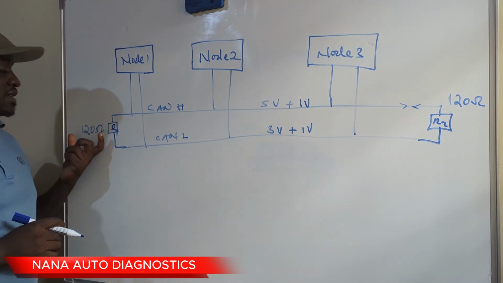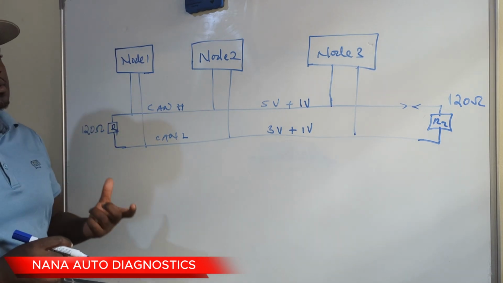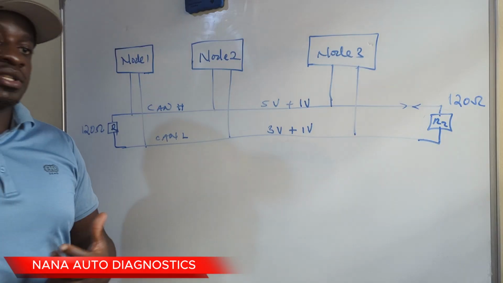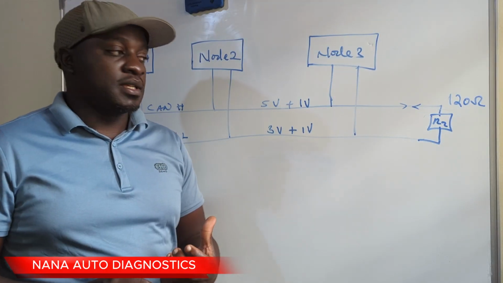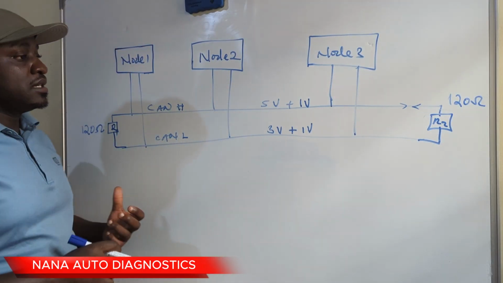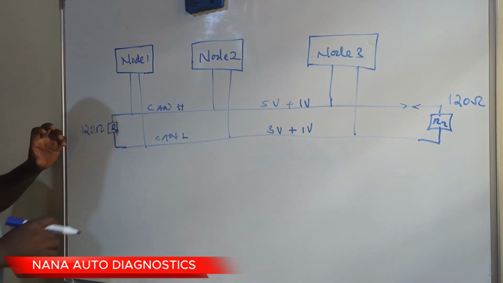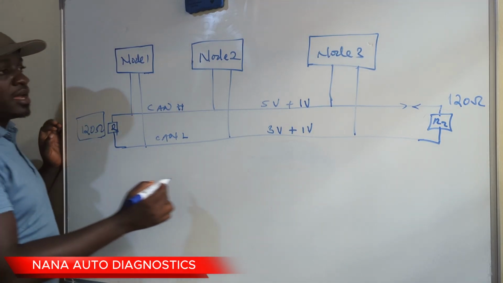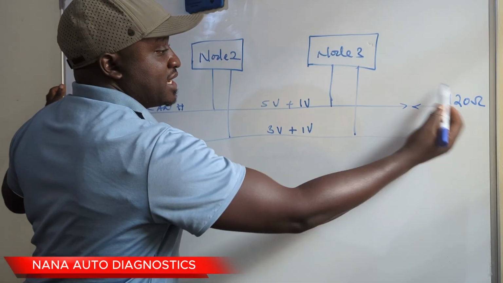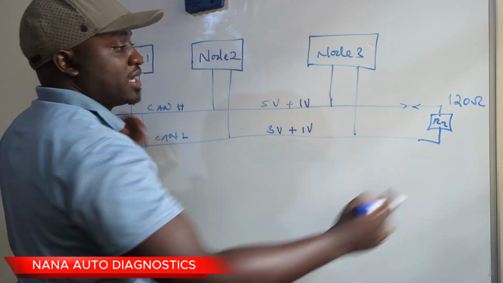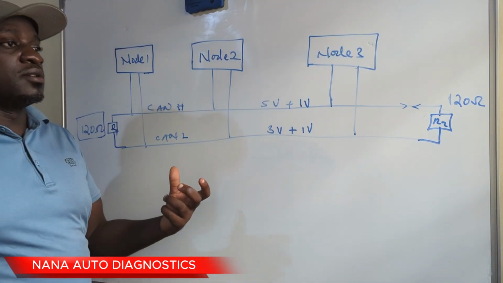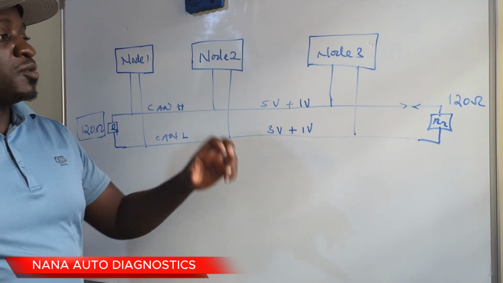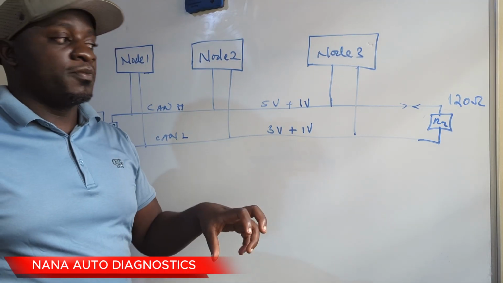These resistors are very important when it comes to diagnosis of any CAN bus. And they are usually located within modules. You may not find any resistor hanging outside, but it will be incorporated or found within the module itself.